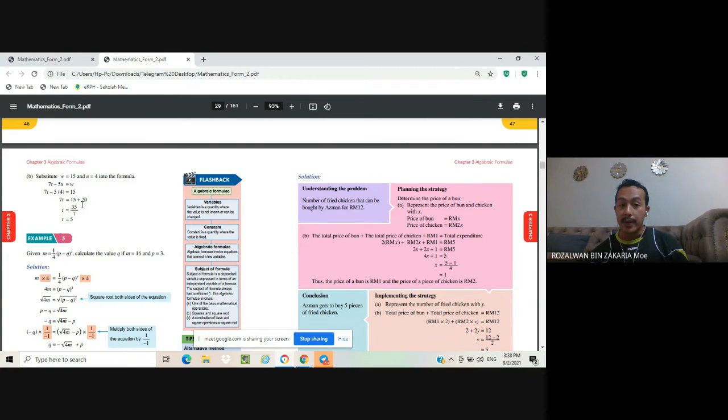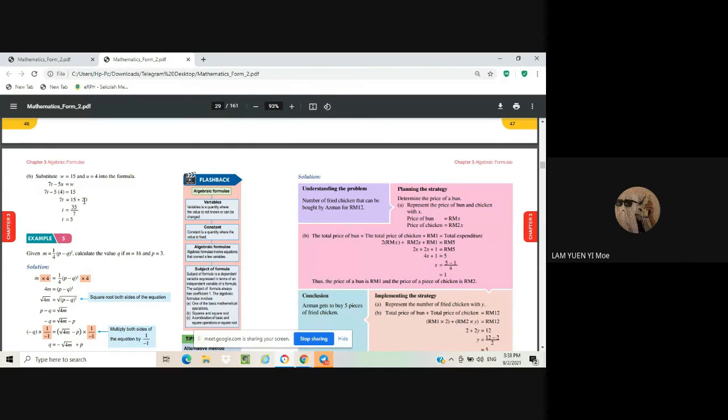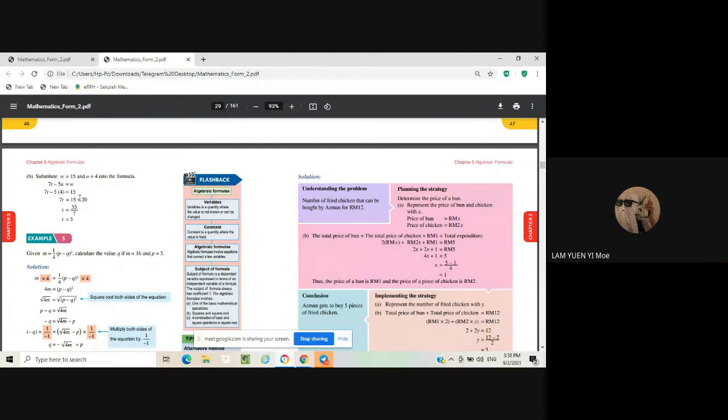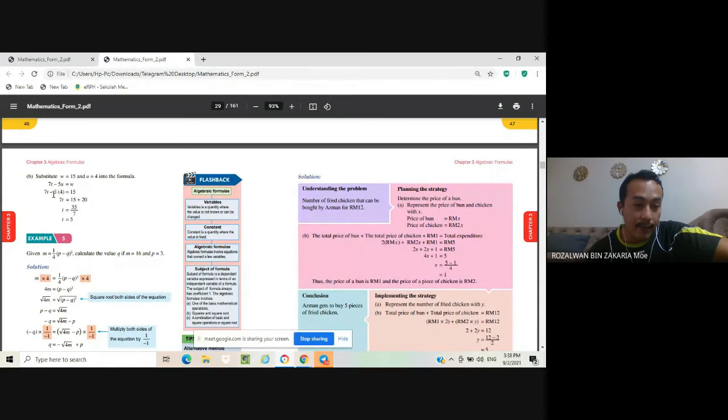Class, do you understand why this happened? Why did this become positive 20? Can anyone explain to me? Because they multiply to this right side. Yeah, 5 multiplied with 4, 20. But here we have minus 20 on your left side, can you see?